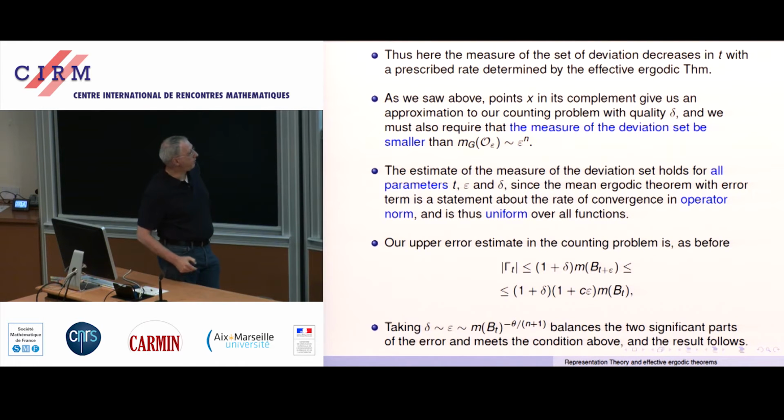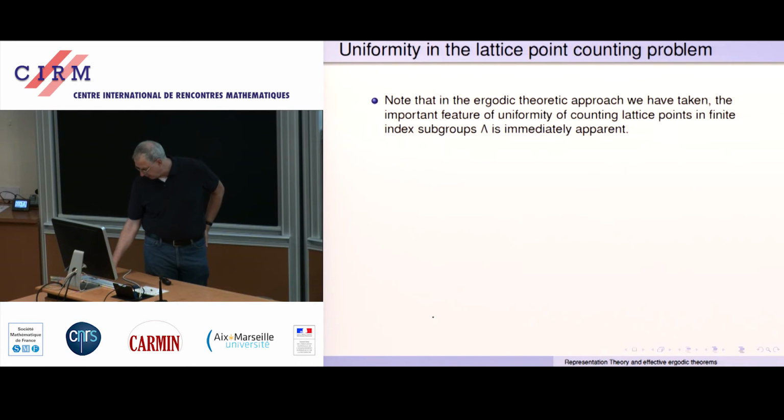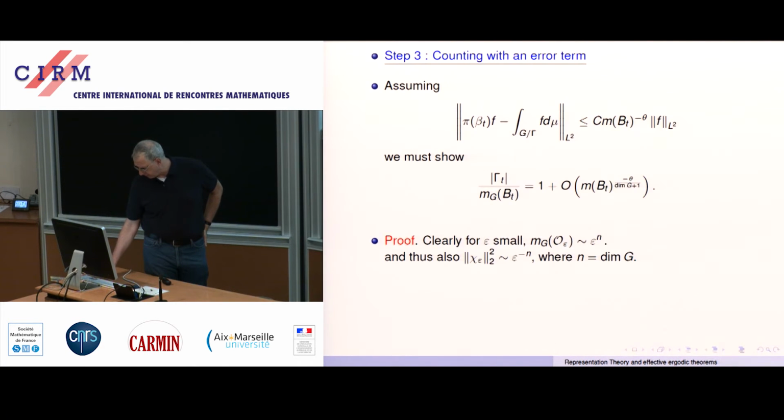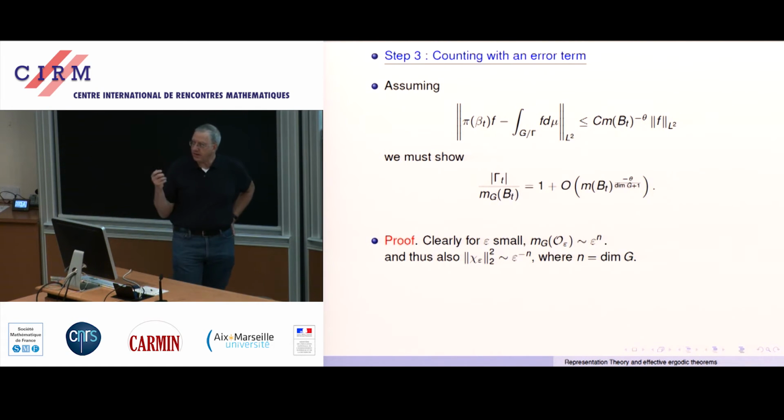And so if you put these values in, then you get that the error estimate is precisely what we have here. And you can now see that the appearance of n plus 1, or dim G plus 1, has to do with the dimension of the Lie group.